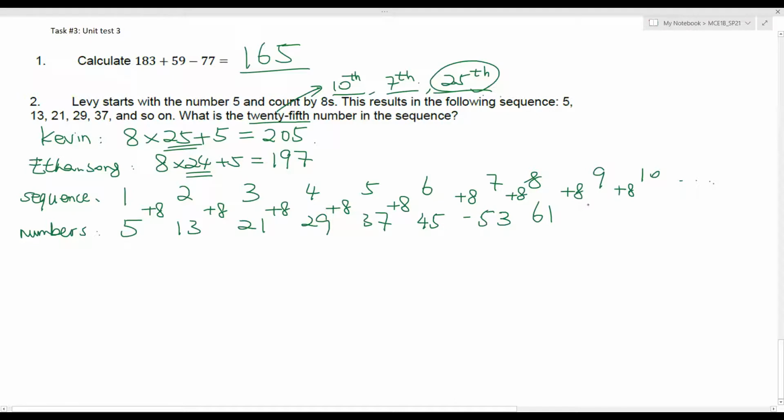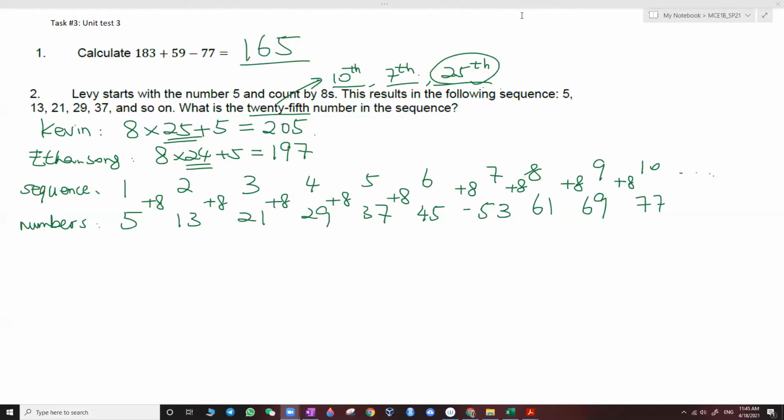Flora, guys, I need to disable the annotation because I don't want you to write on my screen. Okay, all right, now that's good.